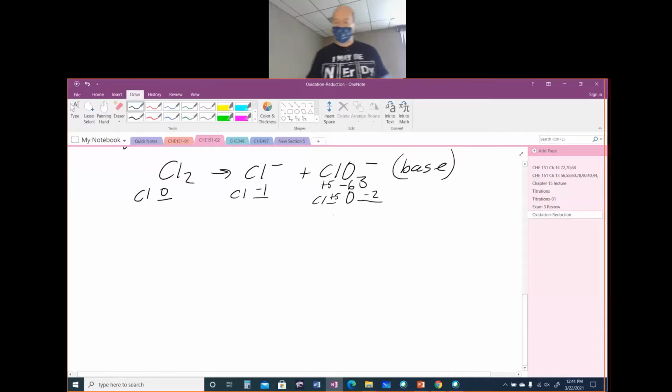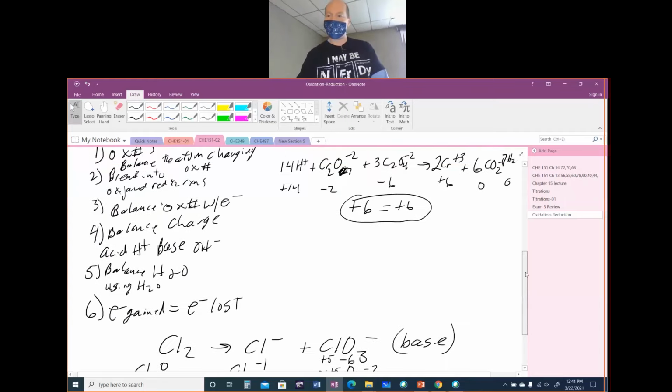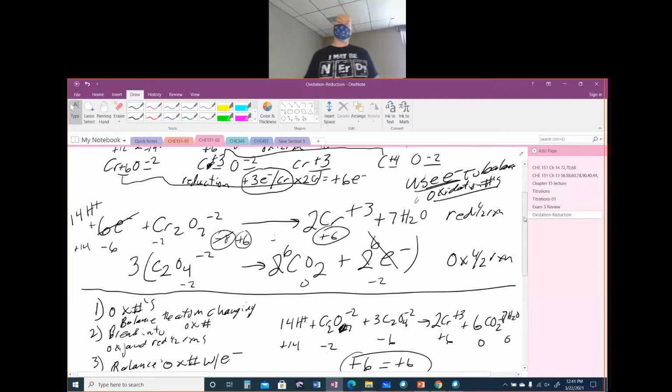Oh, we didn't do that. I skipped a step. All right, so when we are back here, we are always going to be asked to label the oxidizing agent and reducing agent. The reduction half reaction, the entire reactant, not Cr. Cr is not a reactant. Cr2O7 minus 2 is a reactant. The entire reactant is your oxidizing agent.